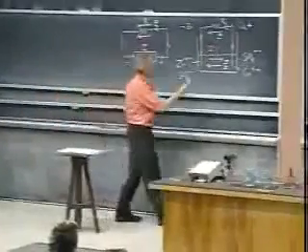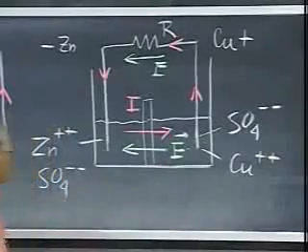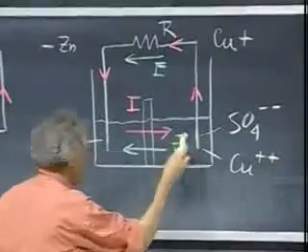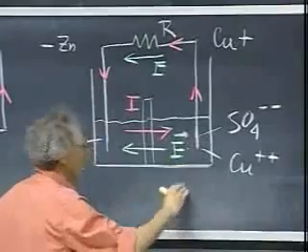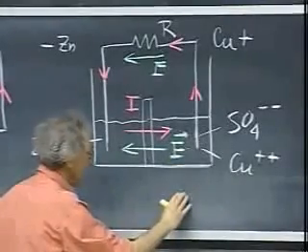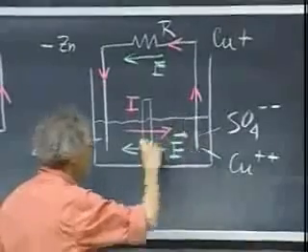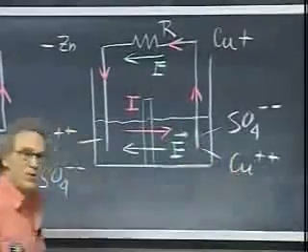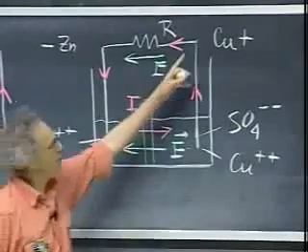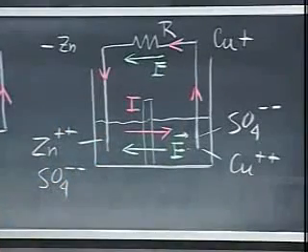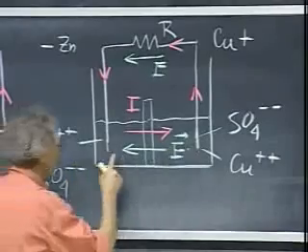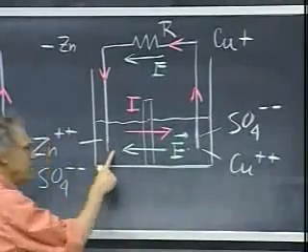And while a current is flowing, while the SO4 minus is going from the right to the left, you get fewer SO4 minus ions here. This liquid here remains neutral, so copper plus must disappear. And it precipitates onto this copper bar. So it's like copper plating. On this side, you get an increase of SO4 minus.